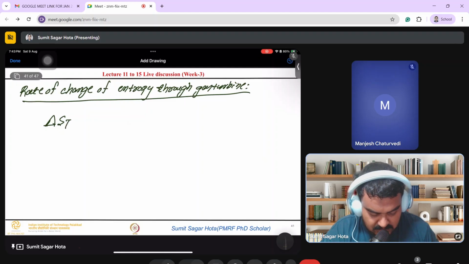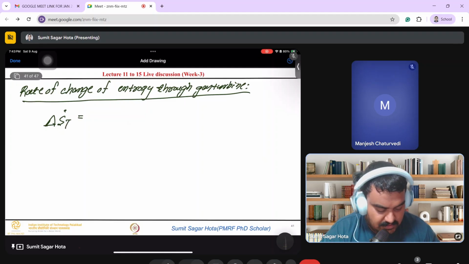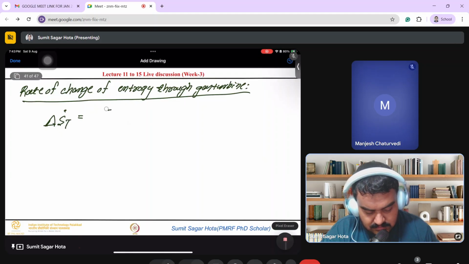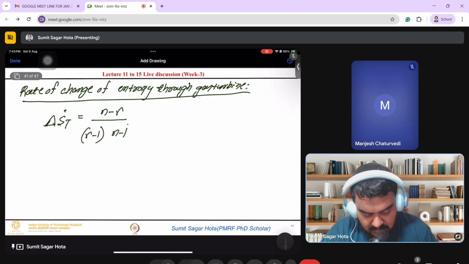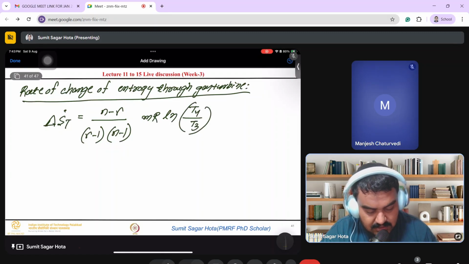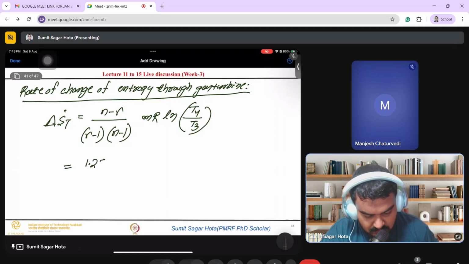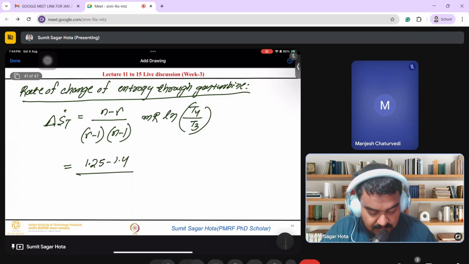Delta S T dot is equal to (n minus gamma) divided by (gamma minus 1) into (n minus 1) into mR ln T4 by T3. Just substitute all these values. So 1.25 minus 1.4. Gamma is 1.4 for ideal gas, air here.